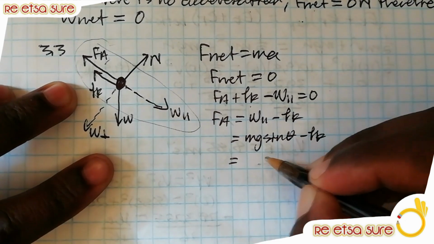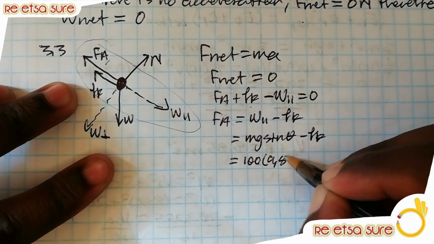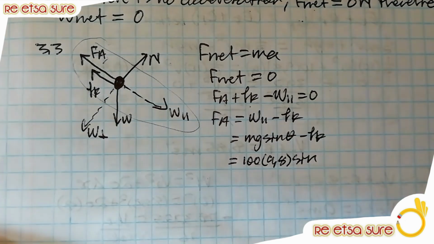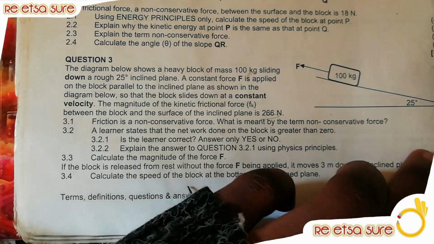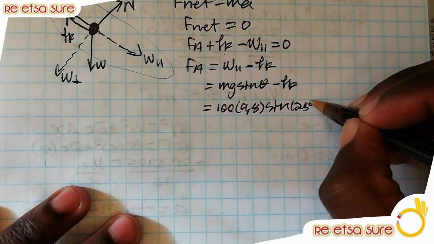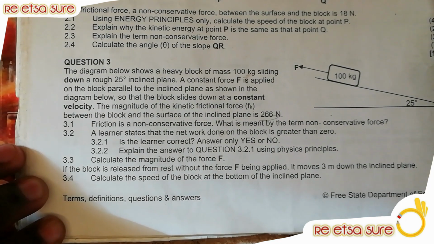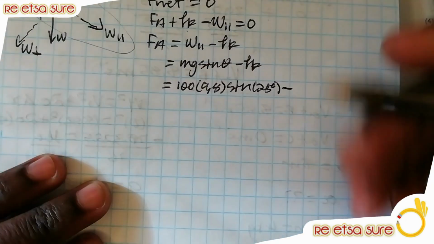The mass of our object is 100 kilograms times 9,8 sine of angle of inclination is 25 degrees minus the frictional force between the surface and our object is 266 newtons.